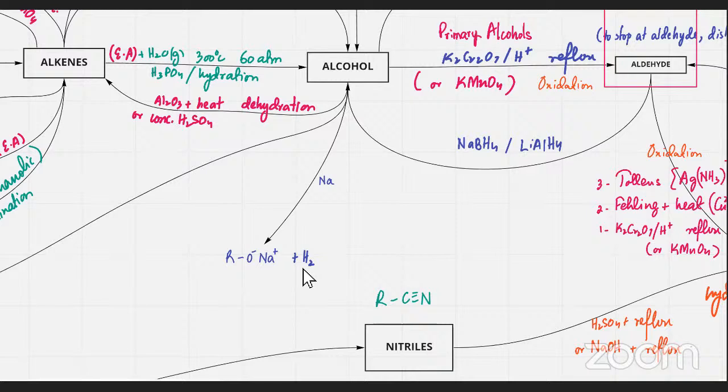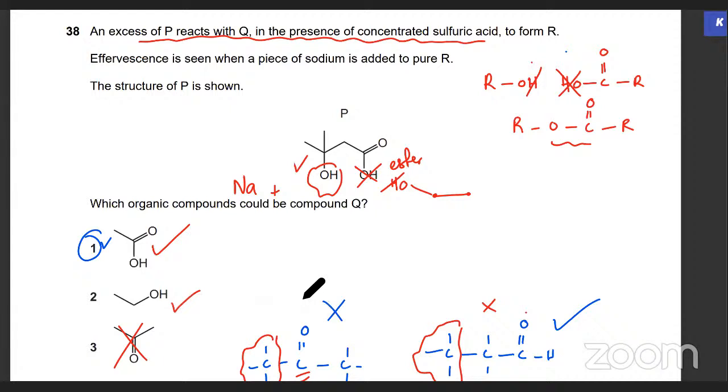So there's going to be effervescence and hydrogen gas is going to be produced. So remember this: a carboxylic acid is an acid for sure, but alcohols also, the last H at the end is going to get removed and hydrogen gas is going to be produced in the reaction. So both of these options are going to be correct.